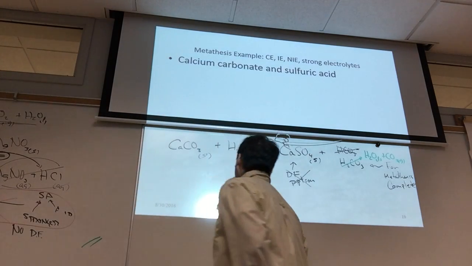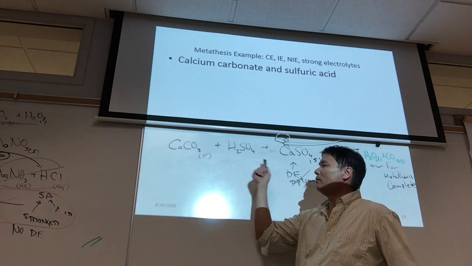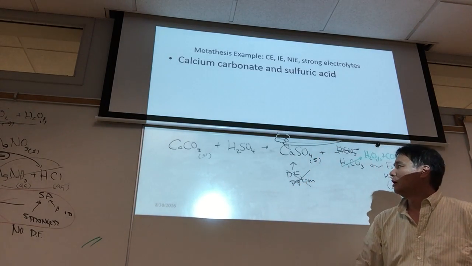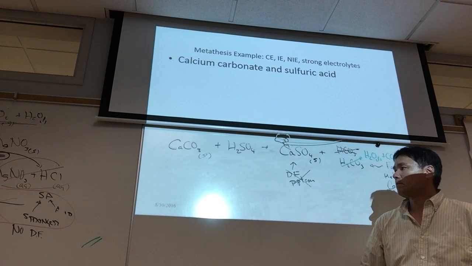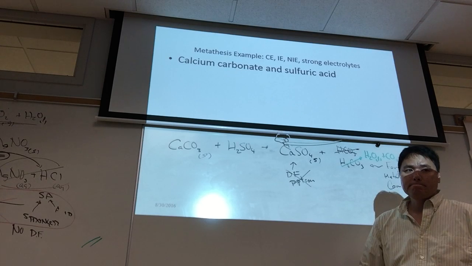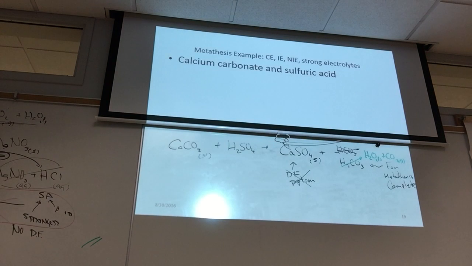And so these ionic lattices, which one do you think would have a more stable lattice? Calcium carbonate or calcium sulfate? Well, that's still hard to answer, and so you gotta think back to ionic lattices and think back at what compounds had very high lattice energies.